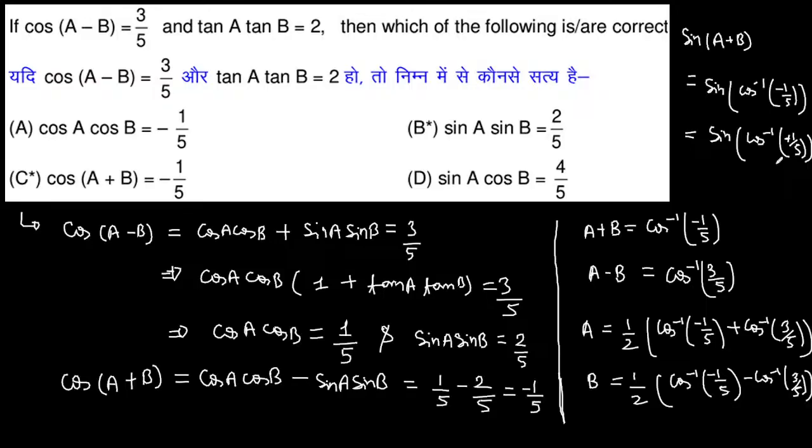Cos is 1 by 5, so if you go in the triangle, cos is base upon hypotenuse, so this will become root 24, so it will come out to be root 24 by 5.